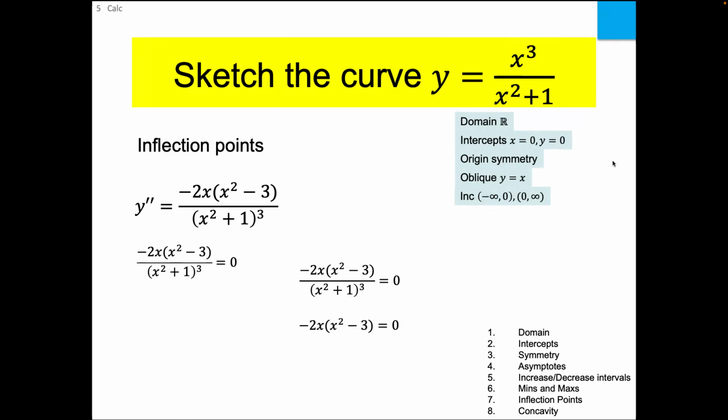Okay, so you would get, well, what would they be? Zero and root 3. There you go. Well done. So that one, and then if I divide by the other side, I get the other one.